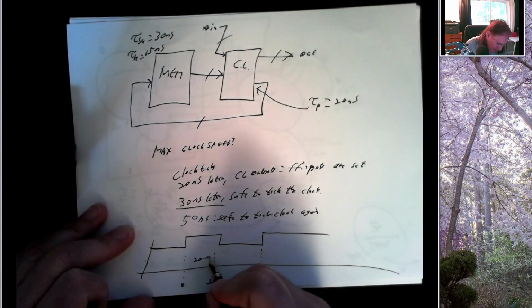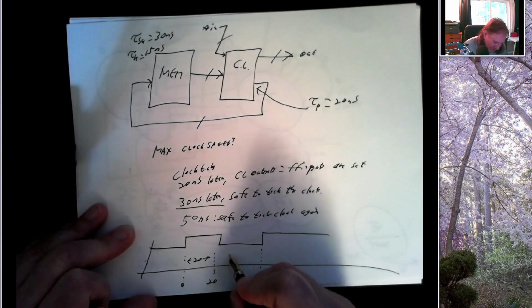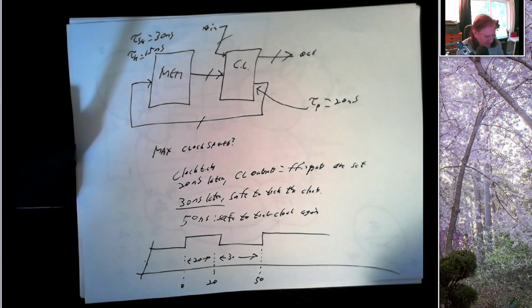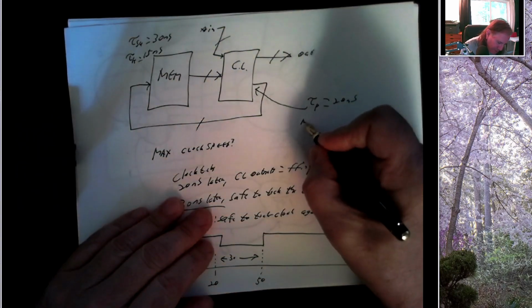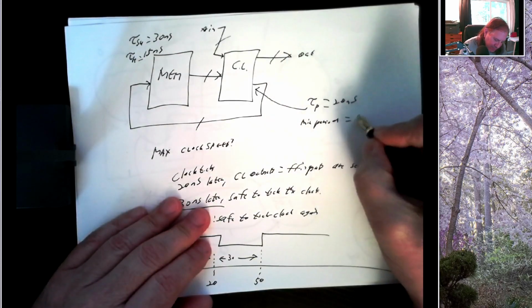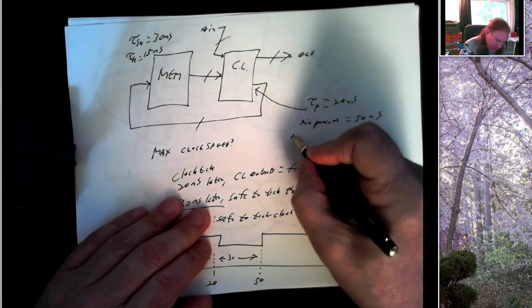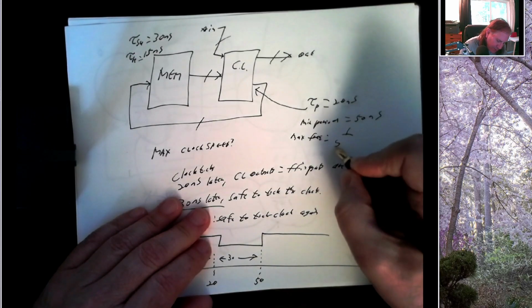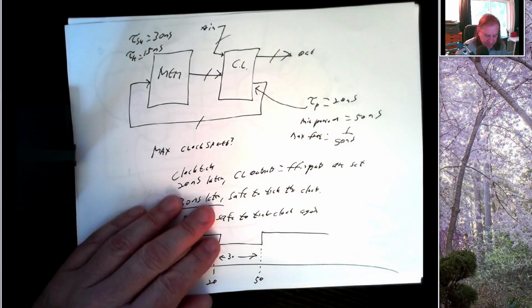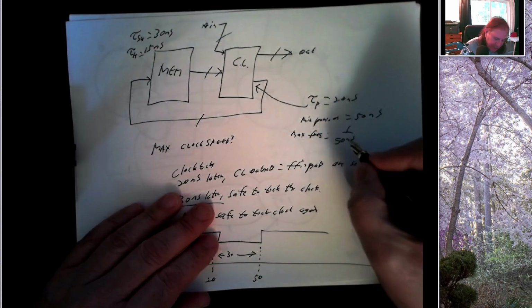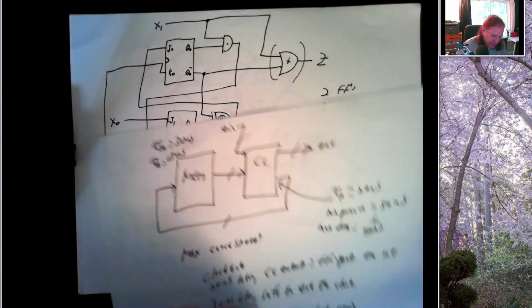Right, so this is 20 nanoseconds for the outputs to be stable, 30 nanoseconds for the setup to occur. That's a total of 50 nanoseconds. So minimum period, time between ticks, is 50 nanoseconds. So the reciprocal gives us the maximum frequency, which is 1 over 50 nanoseconds. Well, what is that in seconds?